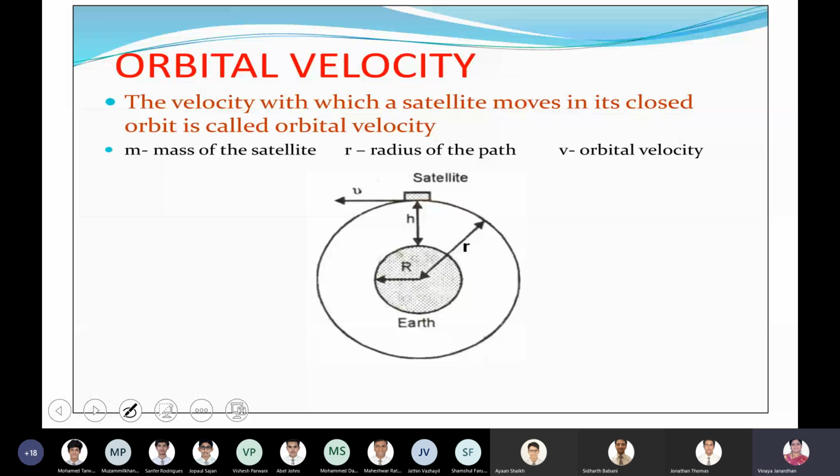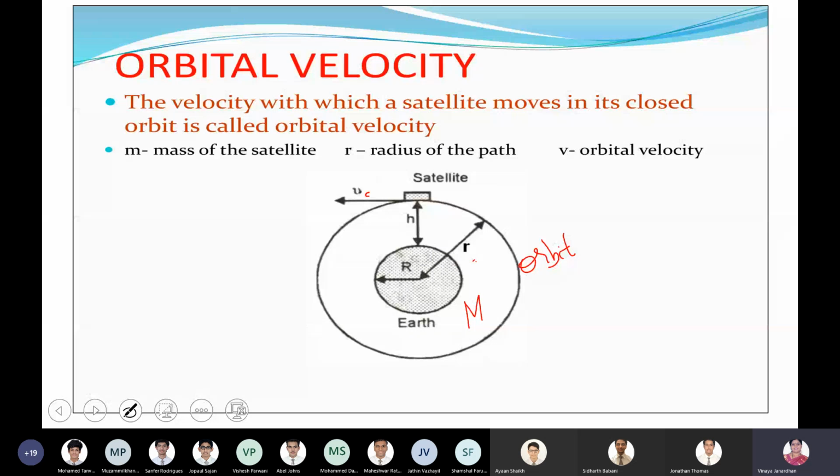Can you draw the diagram? Now look at the diagram. Boys, can you see the Earth of radius R? Let M be the mass of the Earth, and R be its radius. You have a satellite which is revolving around the Earth in an orbit of radius r with a velocity vc, at a height h above the surface of the Earth.